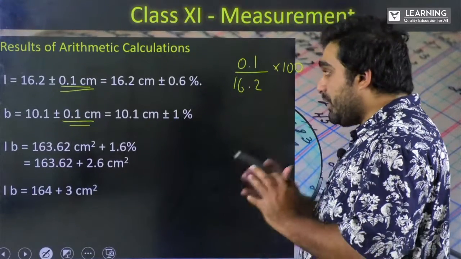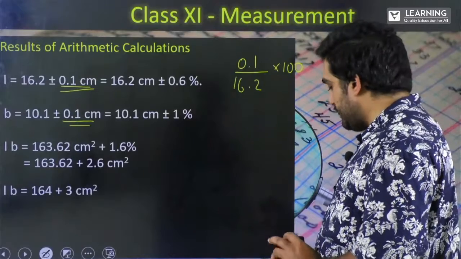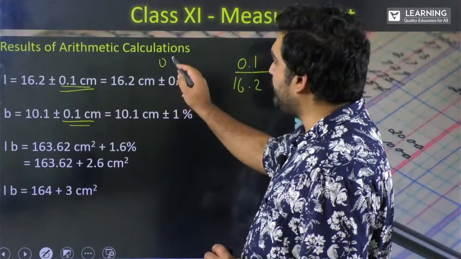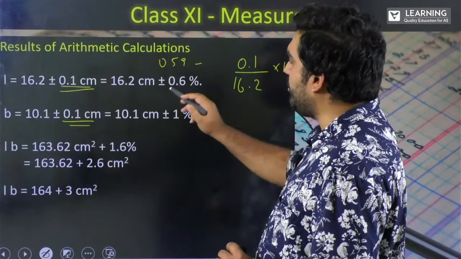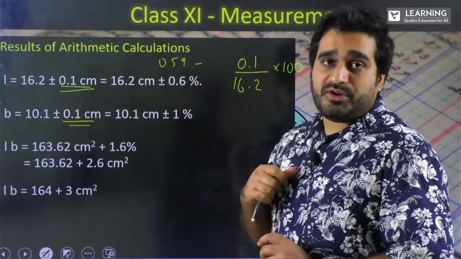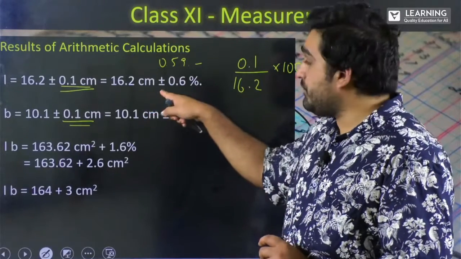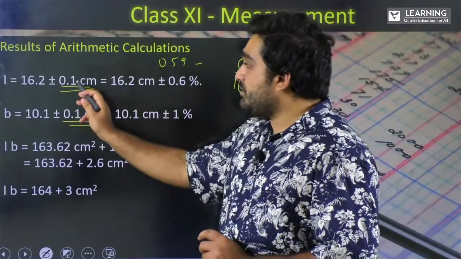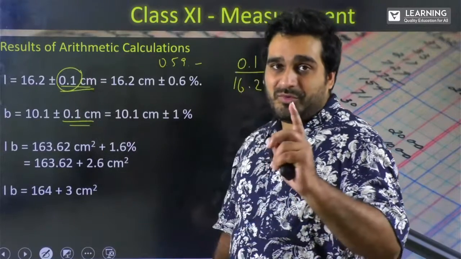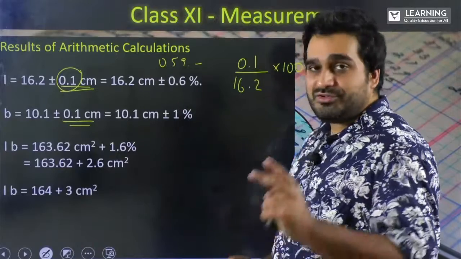Now, it may not be exactly 0.6. You will have 0.59 something or probably 0.7, which is rounded off to 0.6. Why is it rounded off to 0.6? Because the significant figures here are 2, so here also you have 2.